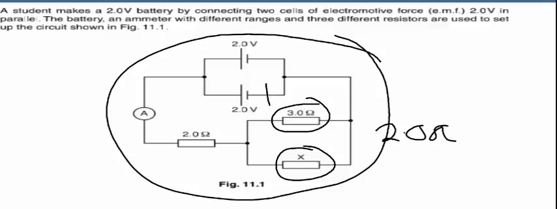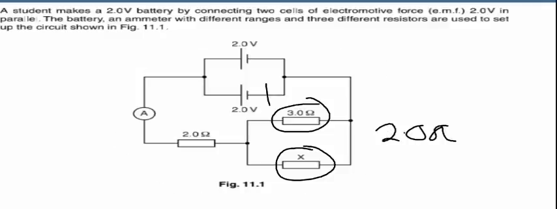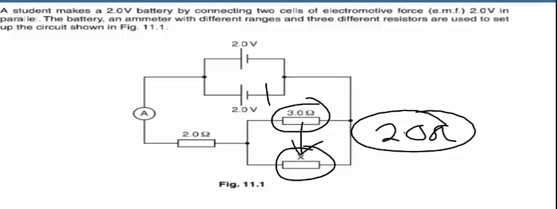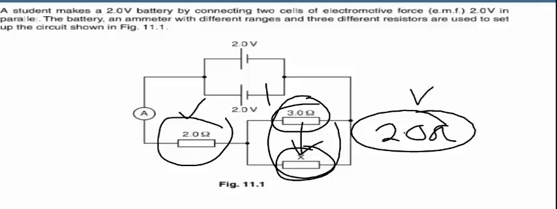What is the resistance? Now mind you, once you find the resistance of these two here, we need to also add one resistor here which is connected in series. So we're just going to say this 2.0 ohms, plus this 2.0 ohms of these two here.